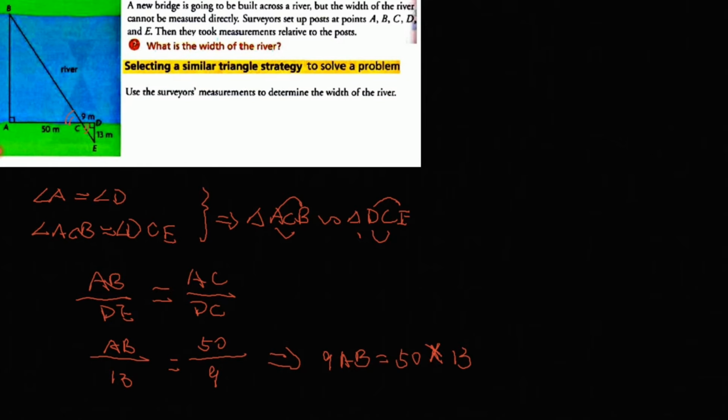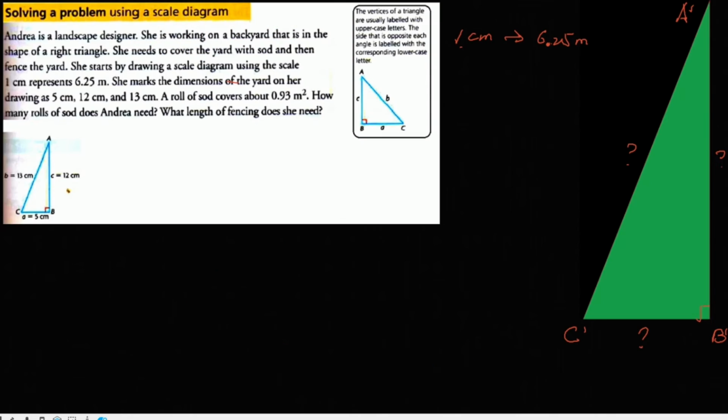Both sides divide by 9: AB equals 50 times 13 over 9, which equals 72.2 meters. So this is the answer. What's the width of the river? The width of the river is 72.2 meters. That's the length of AB.